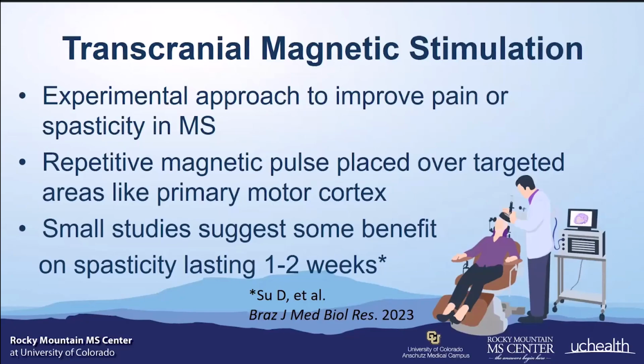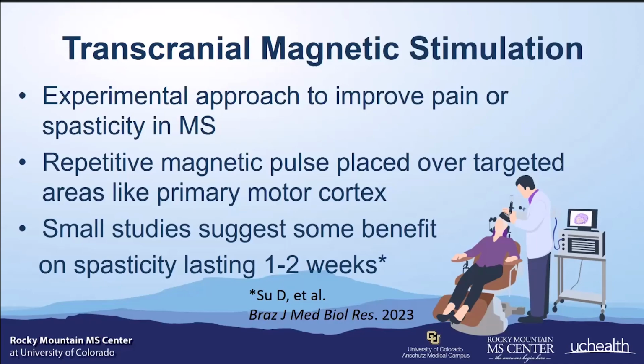Briefly mentioned is transcranial magnetic stimulation. This is an experimental approach to improve pain or spasticity in MS. There have not been large multi-center studies on this topic, like you've seen in some of the randomized controlled trials for MS disease modifying therapies. But essentially the idea is you have this device, you place it over the targeted area of your brain, say the primary motor cortex, and then it's usually given as a repetitive magnetic pulse.